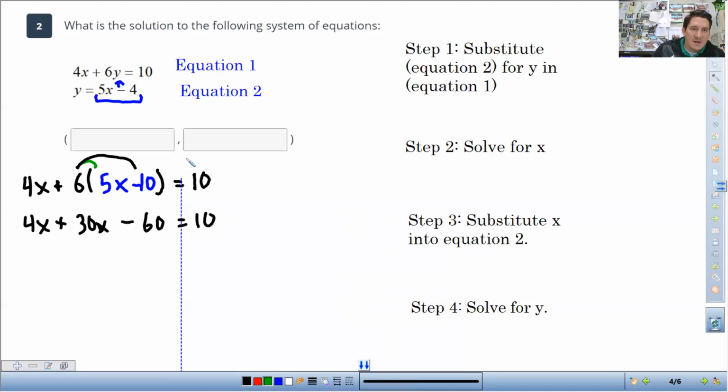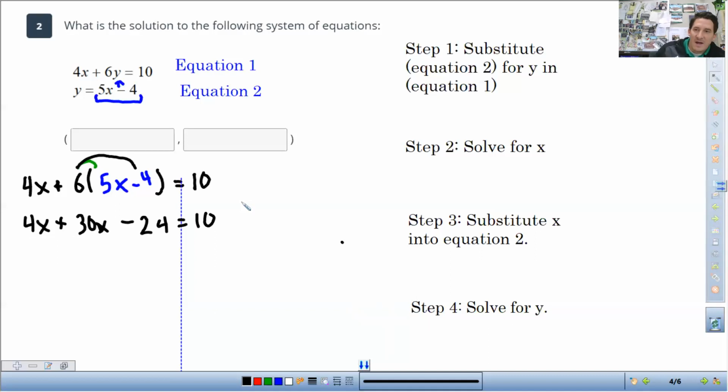Nope, I made a mistake. This is not a 10. This is a 4. So 5x minus 4 should be 4. So 6 times 4 is 24. That looks better. My mistake.